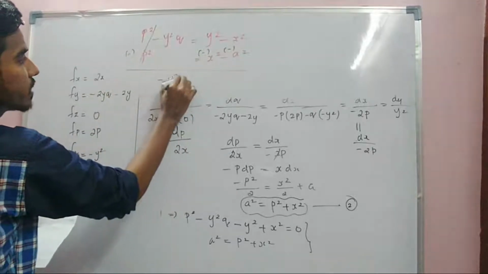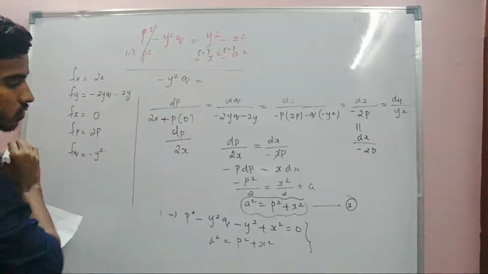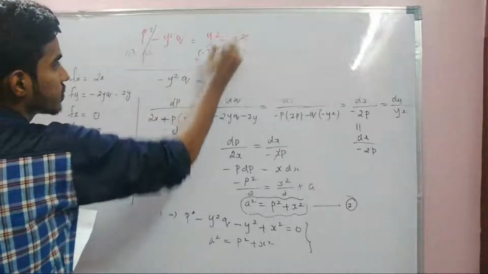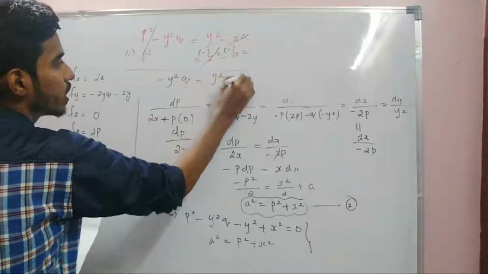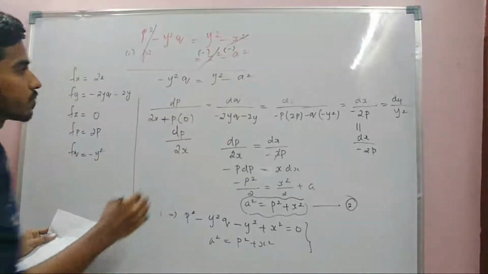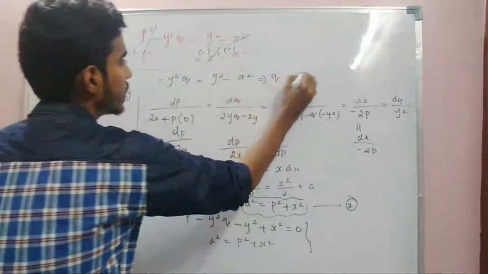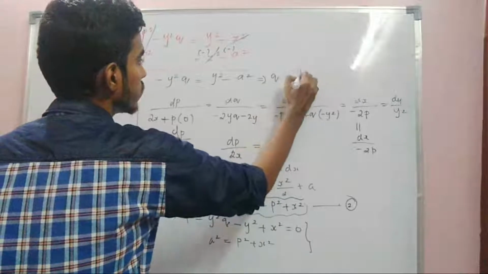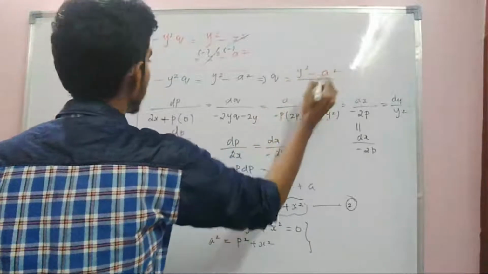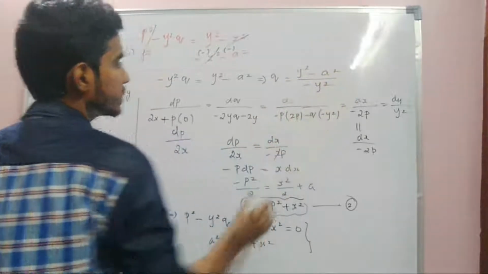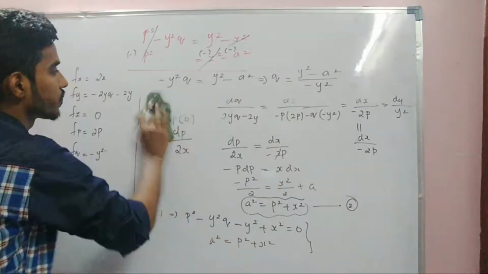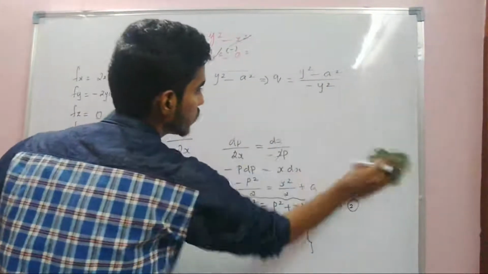So we have minus y square cube is equal to, and if I subtract, this term will vanish, so we have y square minus a square. So this implies q is equal to y square minus a square divided by minus y square.